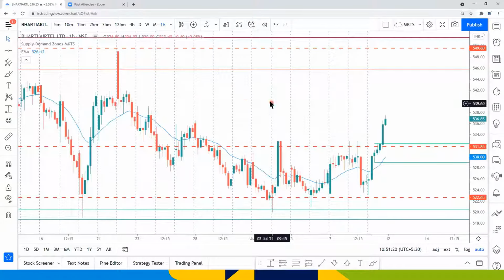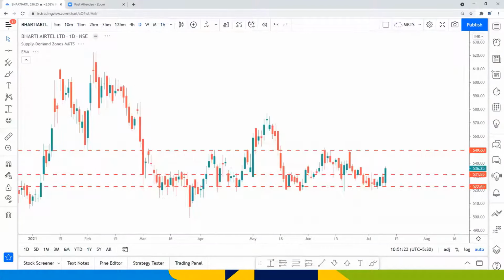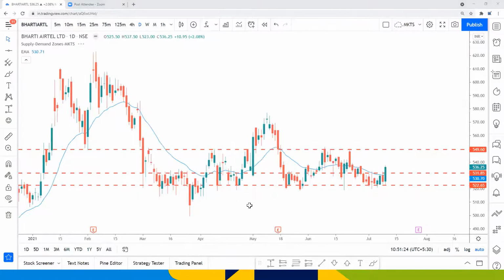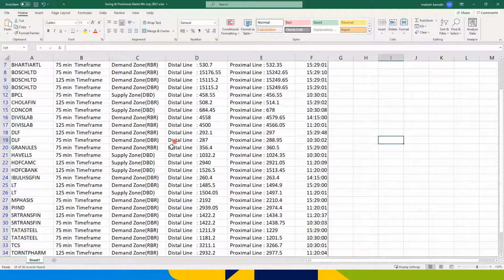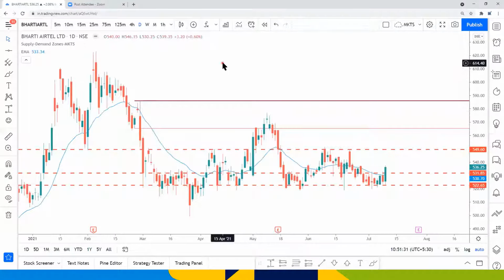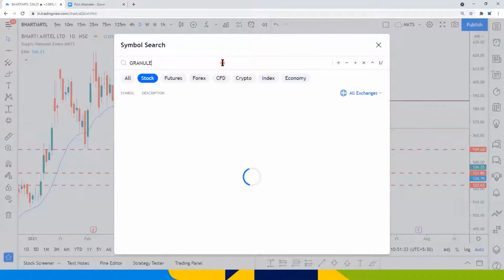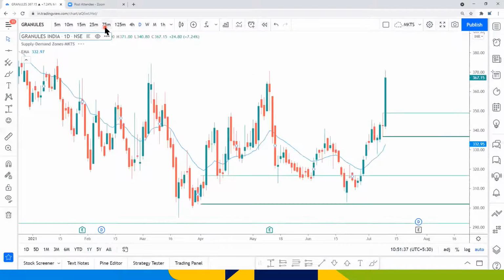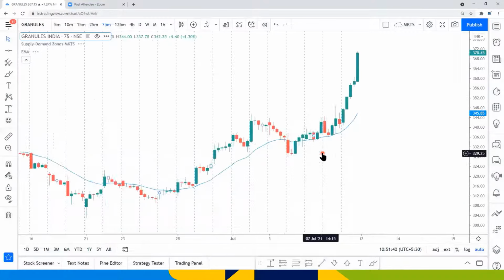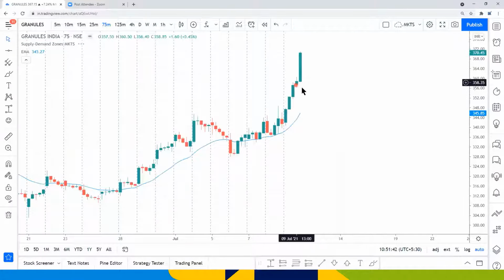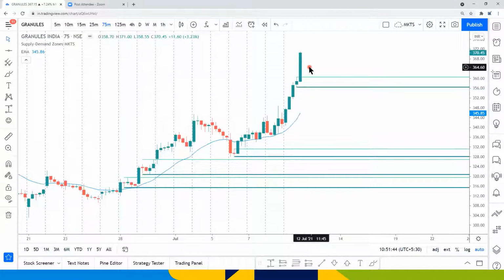Someone is asking for Granules. Let's check, what is the alert on Granules? On the 75-minute time frame, you have an RBR. Okay, this demand zone, rally base rally. First, look at it.